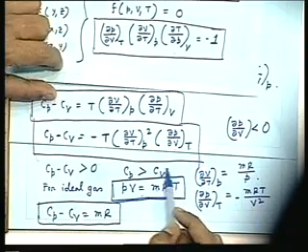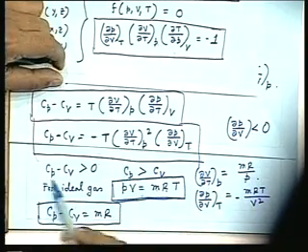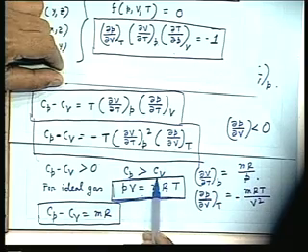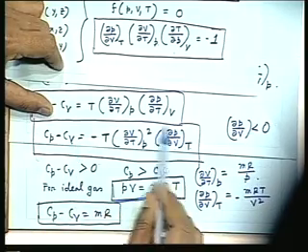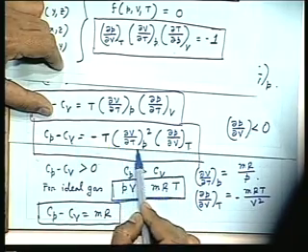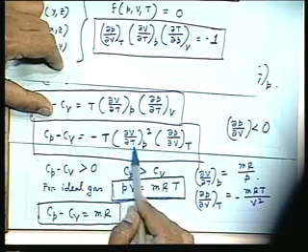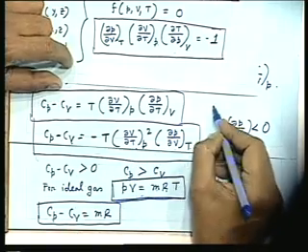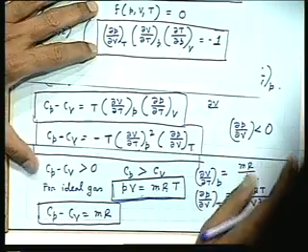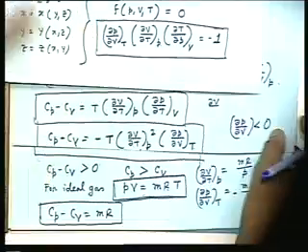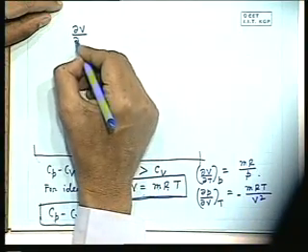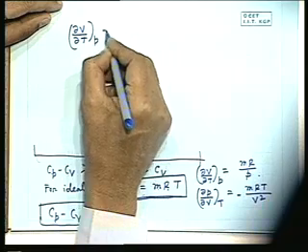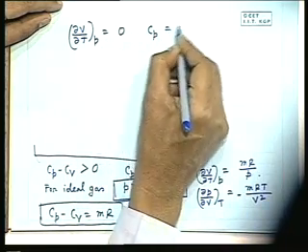Now here is another interesting fact. We see that Cp is greater than Cv always, but there is a point where Cp exactly becomes equal to Cv, when this becomes 0. Del P del V never becomes 0, so when del V del T at constant pressure is 0, Cp equals Cv.